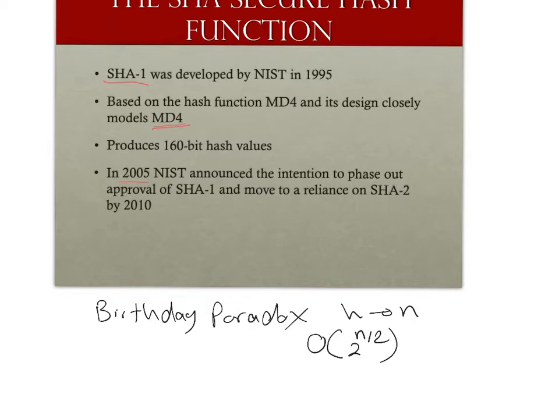So the problem is that SHA had a length of 160 bits, as we will see. So regardless of the message size, we produce a hash of length 160. In that case, the complexity of the birthday paradox will be 2 to the power 80. 2 to the power 80 is very much feasible to be done even by a cell phone. You can achieve this collision very easily.